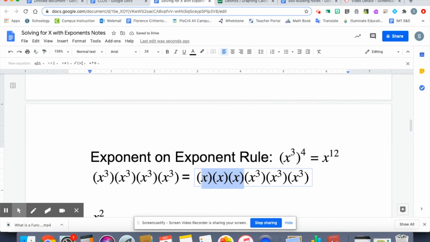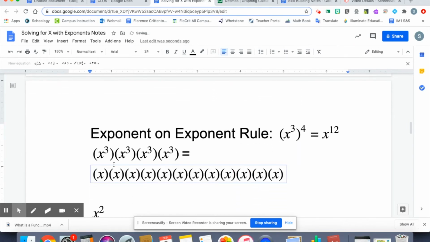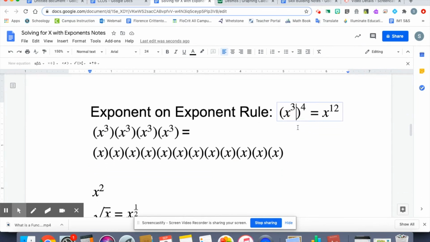So that's what each x to the power of 3 means. So I can replace this one with 3 x's, this one with 3 x's, and this one with 3 x's. And now if you count, there's 1, 2, 3, 4, 5, 6, 7, 8, 9, 10, 11, 12. And for that reason, the rule is when there's exponent on exponent, you multiply.